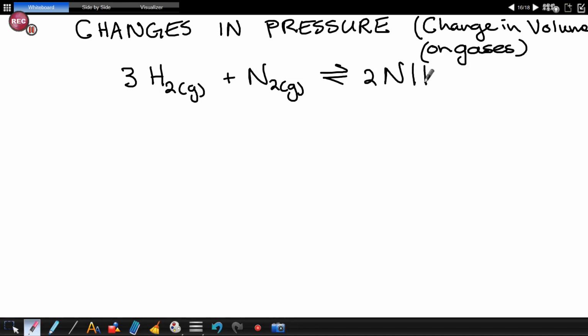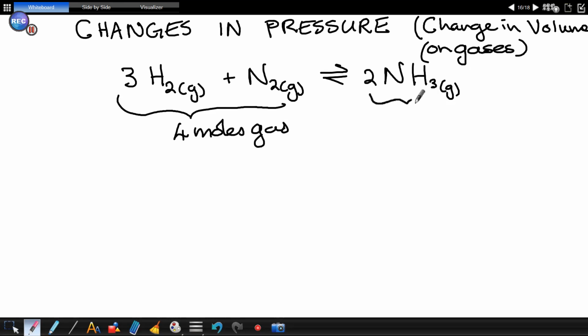How many moles of gas are there on the reactant side? There are 4 moles of gas here compared to 2 moles there.